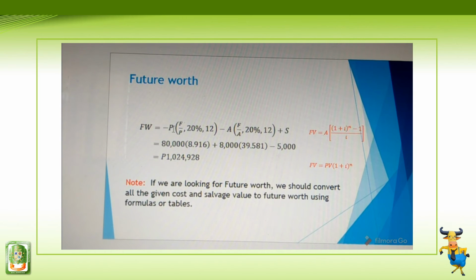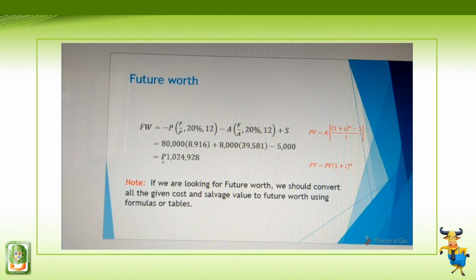So for our initial cost for alternative 1 or manufacturer 1, we have 80,000 multiplied by the factor 8.916 plus 8,000 multiplied by the factor 39.581 minus 5,000.